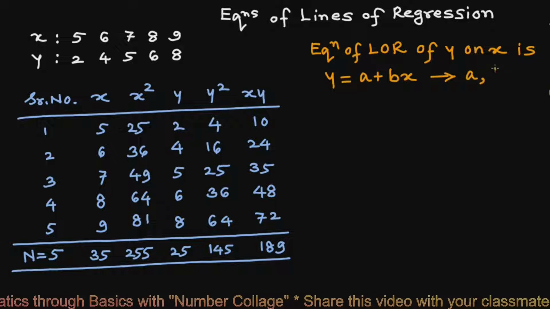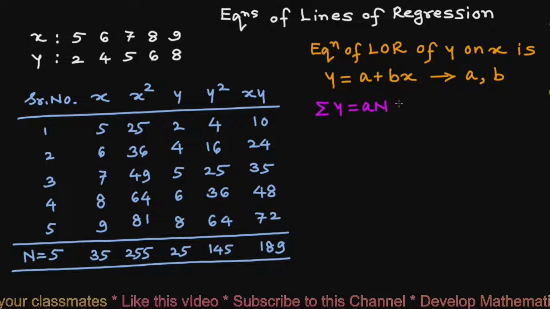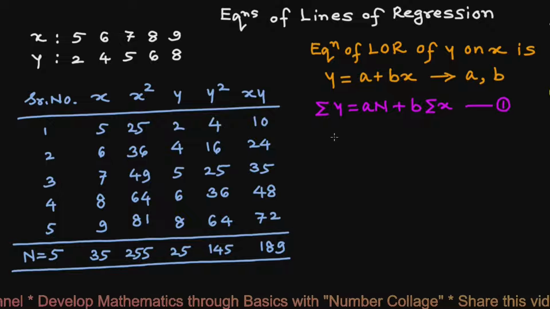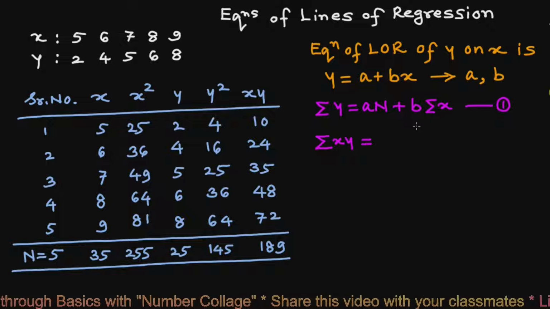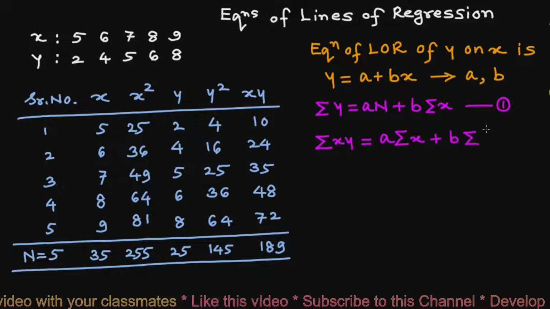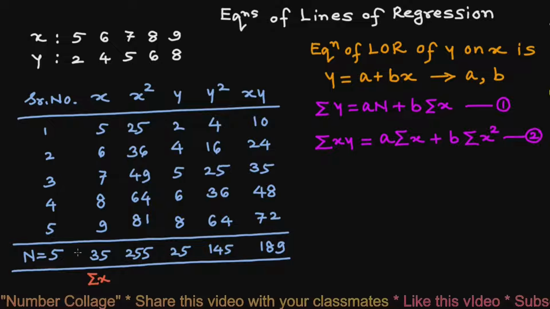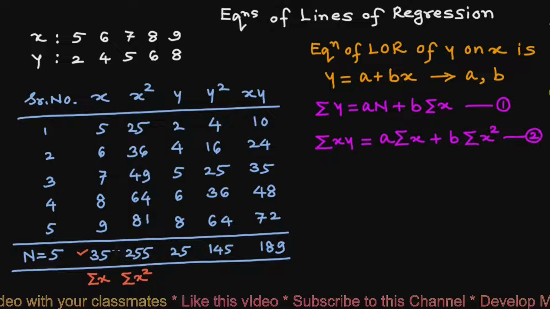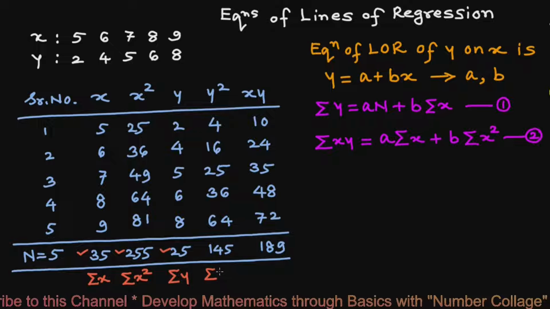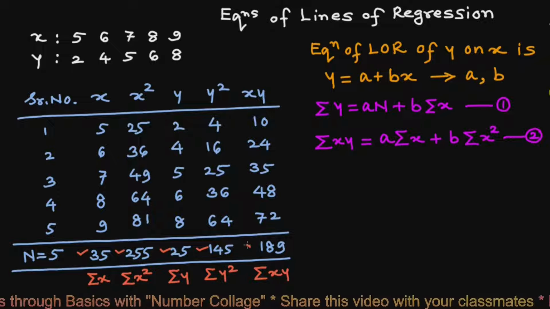where a and b are given by normal equations summation y equals an plus b summation x. We name this equation 1, and summation xy equals a summation x plus b summation x square. We name this equation 2. Here summation x is 35, summation x square is 255, summation y is 25, summation y square is 145, and summation xy is 189.